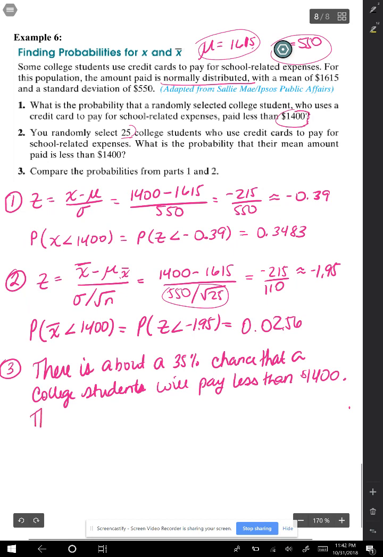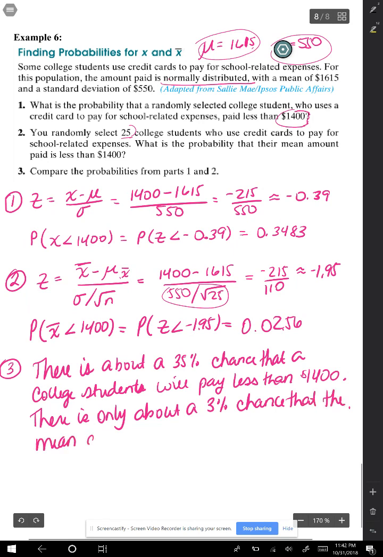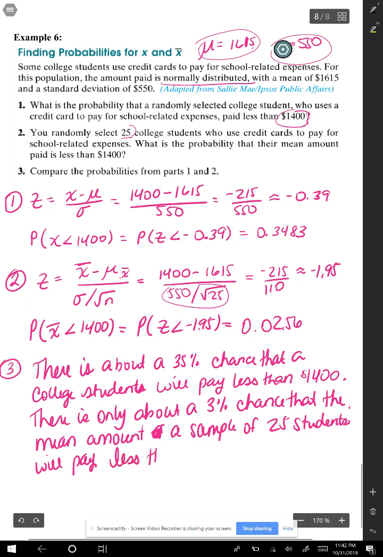So on this one, there is only about a 3% chance that the mean amount a sample of 25 students will pay is less than 1,400.